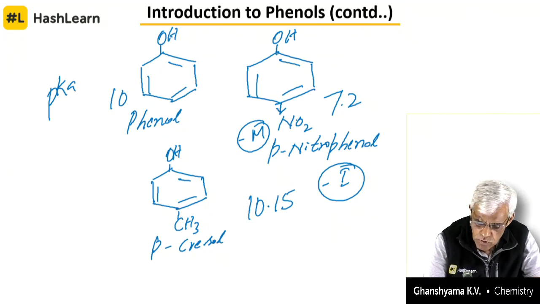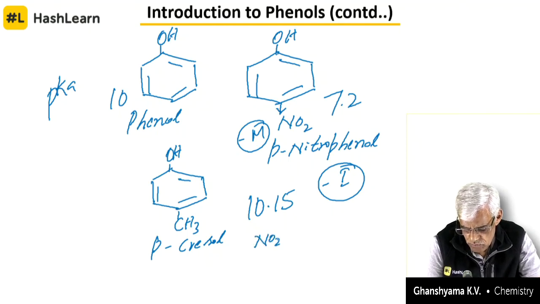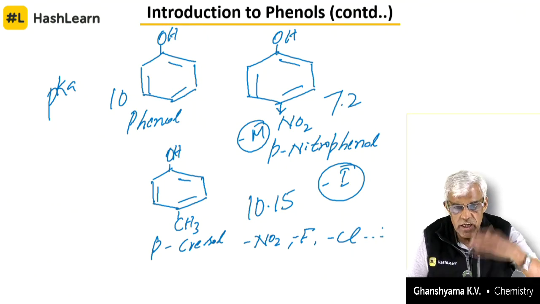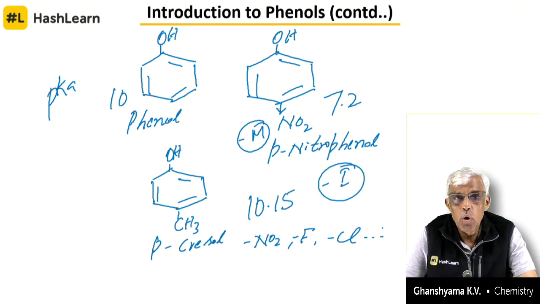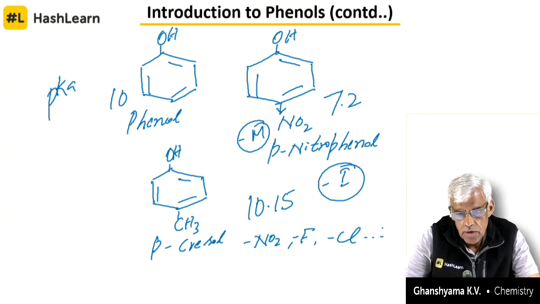So, NO2 group, F group, Cl group, etc. increase the acidity of phenol. They make phenol more acidic because these groups make phenoxide ion more stable due to resonance.